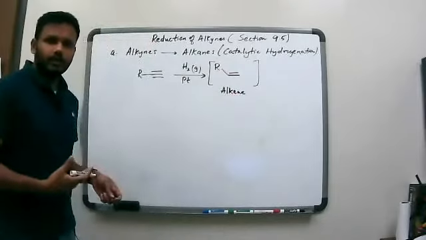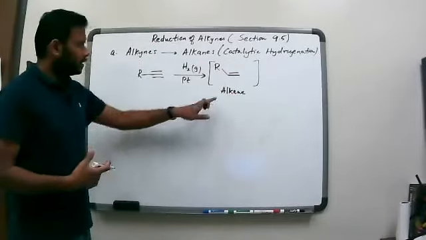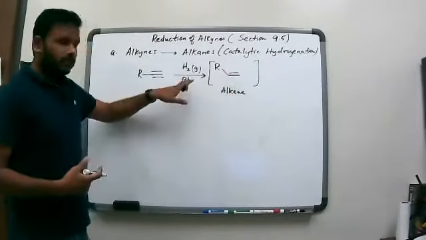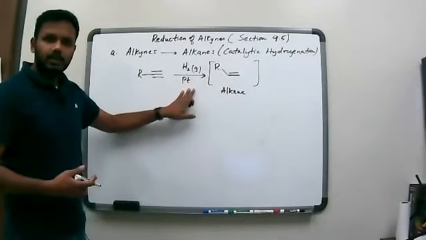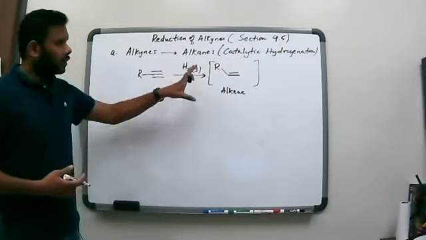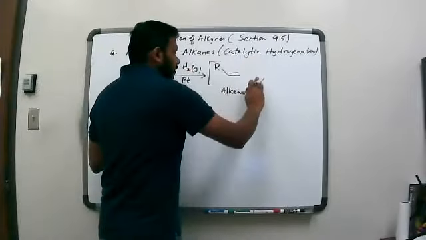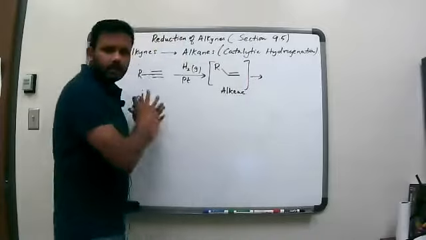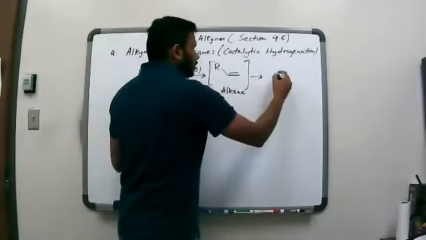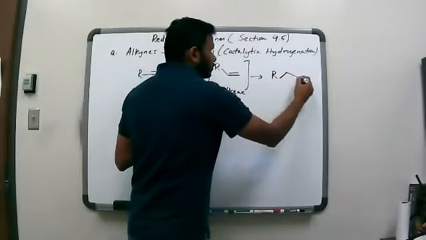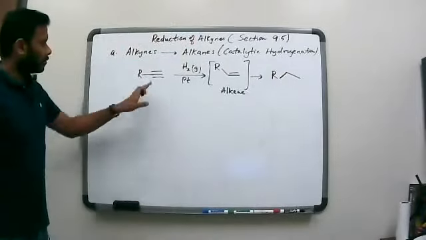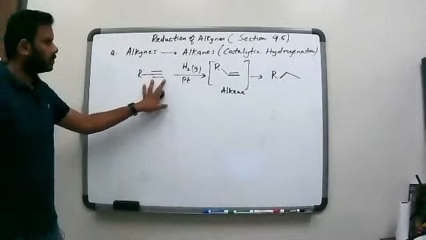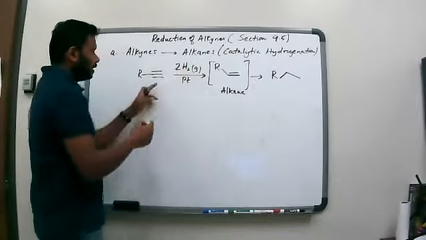But what we know from the reaction of alkenes is that alkenes also react with hydrogen under these conditions. So that means the reaction doesn't really stop here, okay? So you get an alkene, like an intermediate, but this basically keeps going. And then your final product is basically an alkane, where you've added two hydrogens to the alkyne.